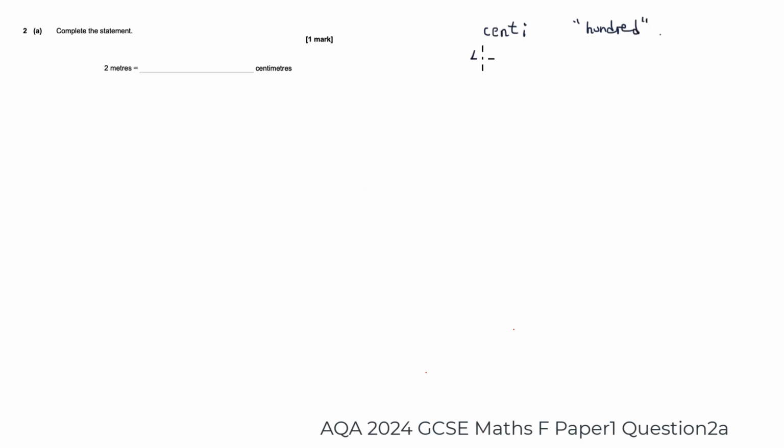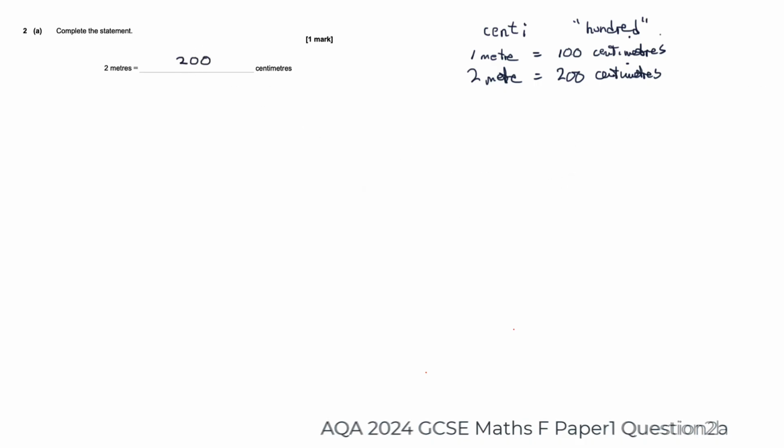One meter would be equal to 100 centimeters. So 2 meters, that would be double this 100, 200 centimeters. So your answer there is 200.